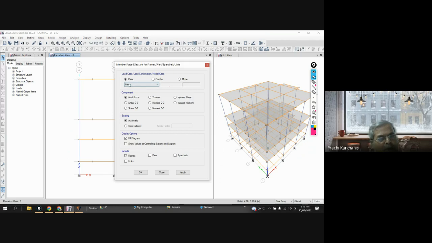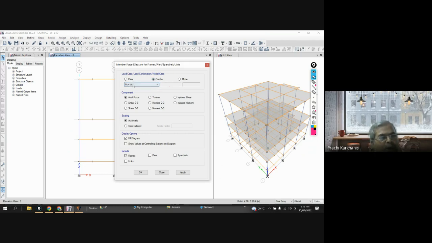Either you may go for individual cases as dead load, live load, and so on. This will be available for all primary load cases. Then if you do not need a separate loading as per the primary load cases and you want to see the combination load cases, you will click over here.